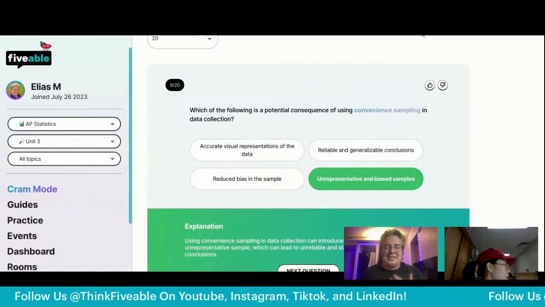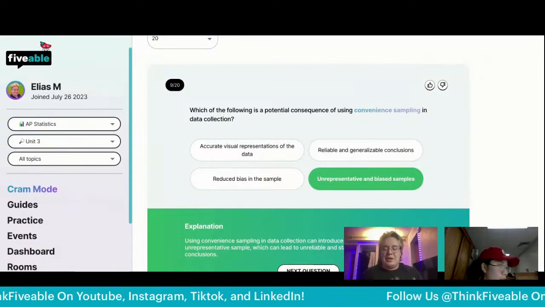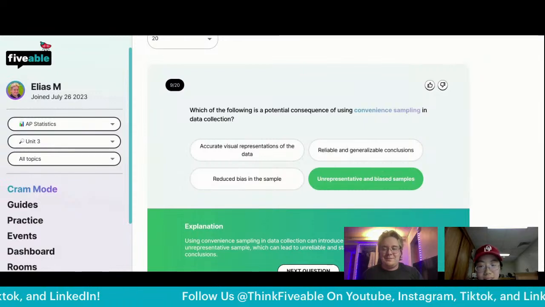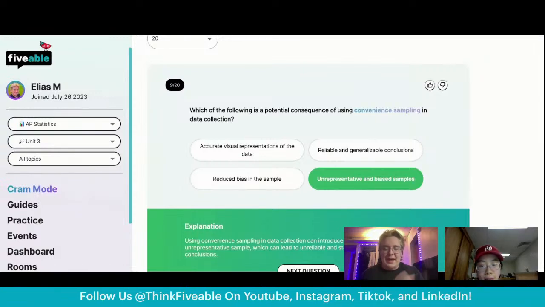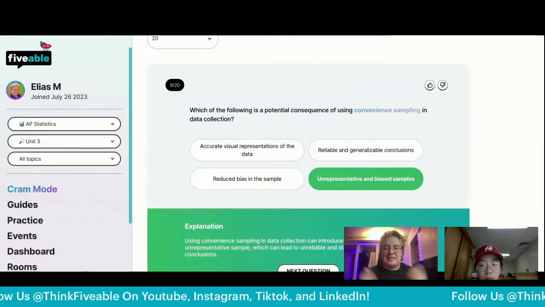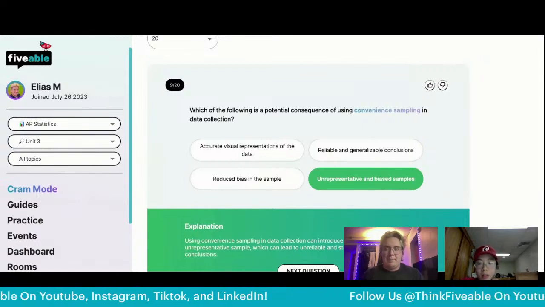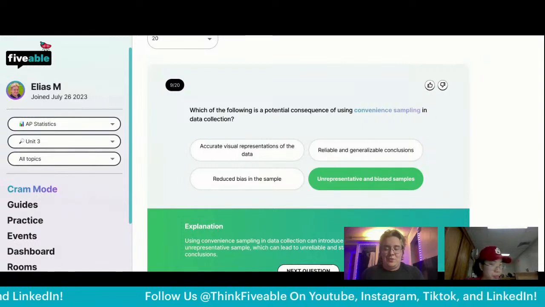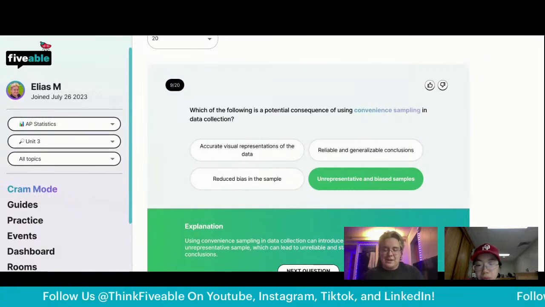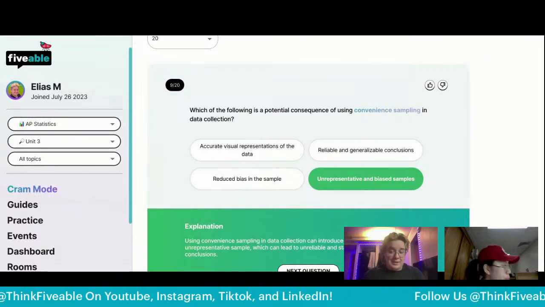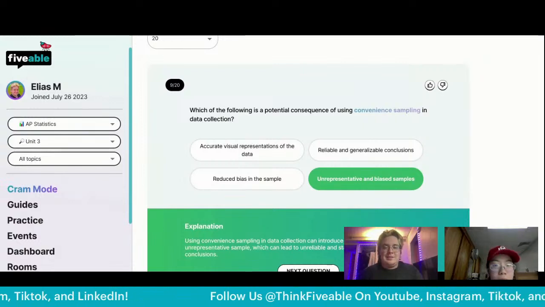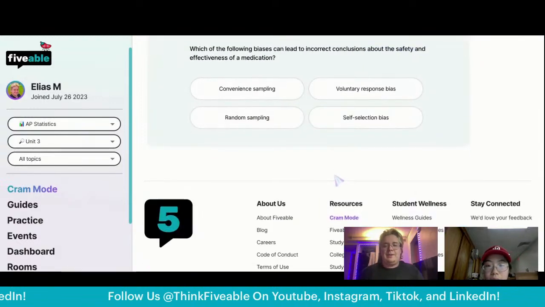If you're using convenience, you're probably going to the people that are around you, your friends, your coworkers, your family. Fun fact, all those people are probably going to have things in common that probably do not apply to every outside person. Therefore, you're going to have some bias. It's not going to be very representative of the general public, etc., etc. Bada bing, bada boom.